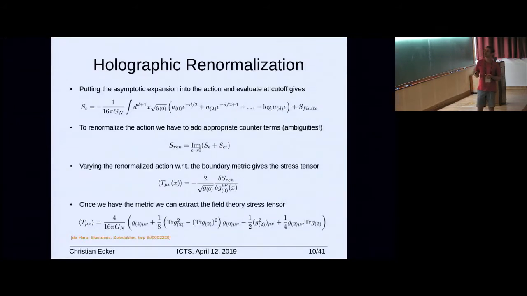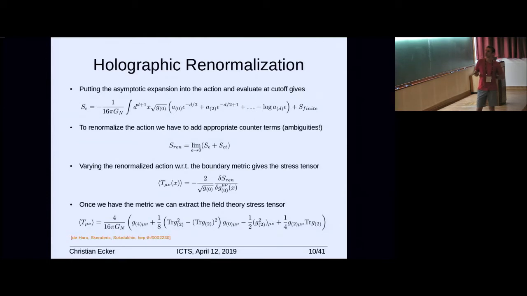First, we have to put the asymptotic expansion into the action and expand it around the boundary at a fixed cutoff. This gives you an expression like that. You get some terms which are finite, and then a bunch of things that diverge when you send the cutoff to 0.